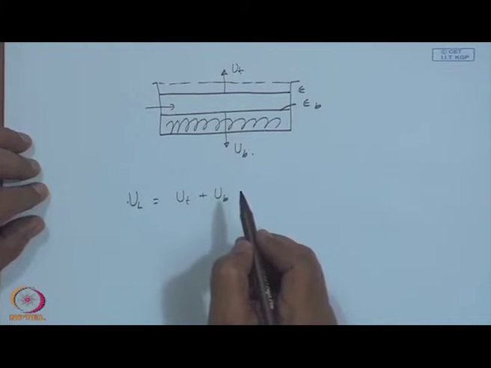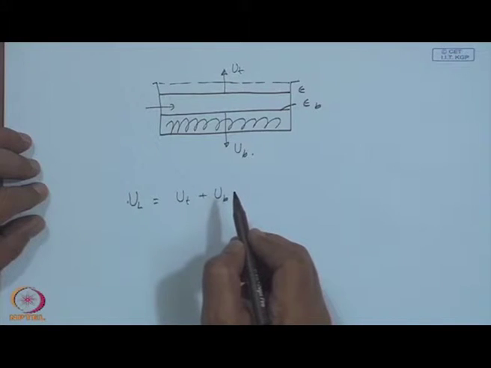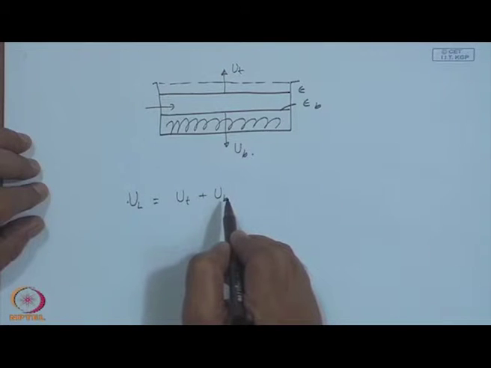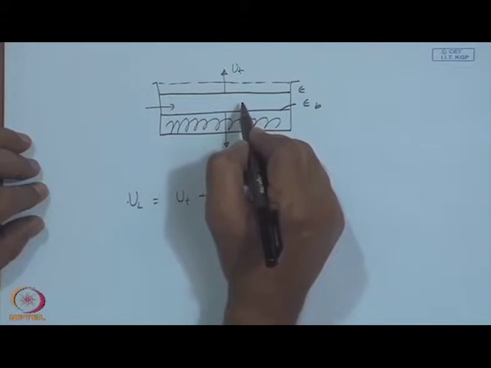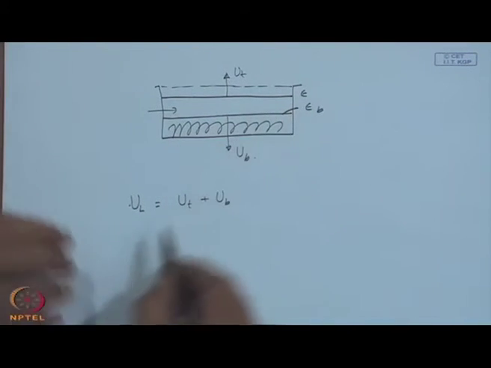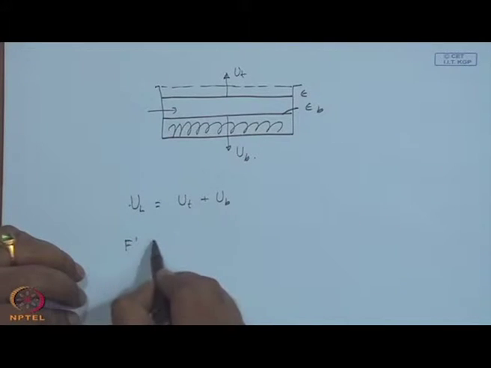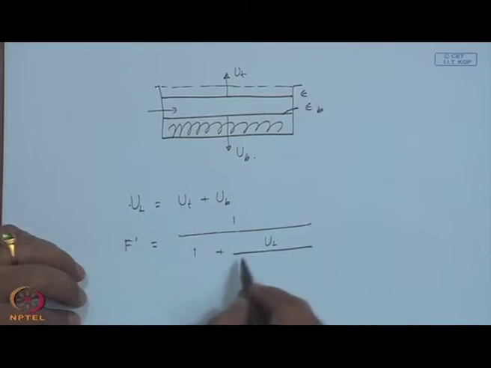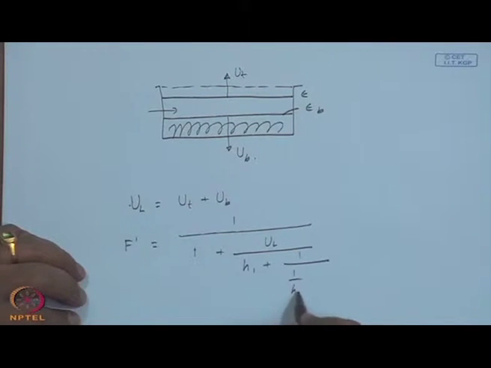As pointed out earlier, the loss coefficient will be the summation of the top and the bottom loss coefficients when the fluid does not directly come in contact with a heat losing surface. Here the collector efficiency factor we have expressed as 1 upon 1 plus U L by H 1 plus 1 upon 1 by H 2 plus 1 by H r.